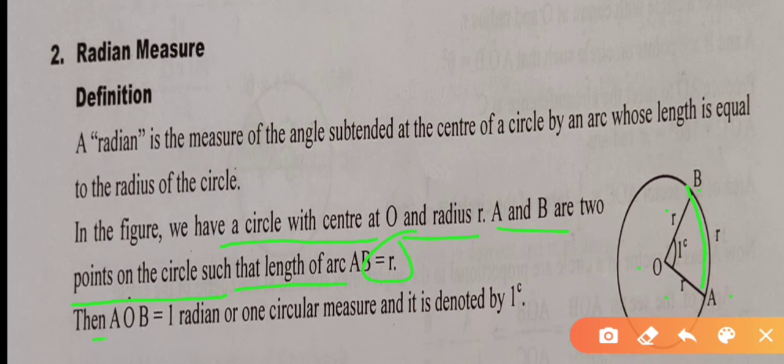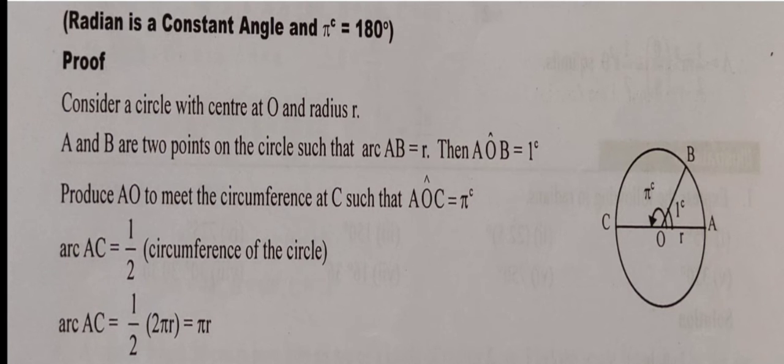Then the angle AOB equals 1 radian or 1 circular measure, and it is denoted by 1 to the power C. That is circular measure, or you can say 1 radian. Got it? It is the second way of measuring an angle. These are the two types. Next we move to the radian is a constant angle.